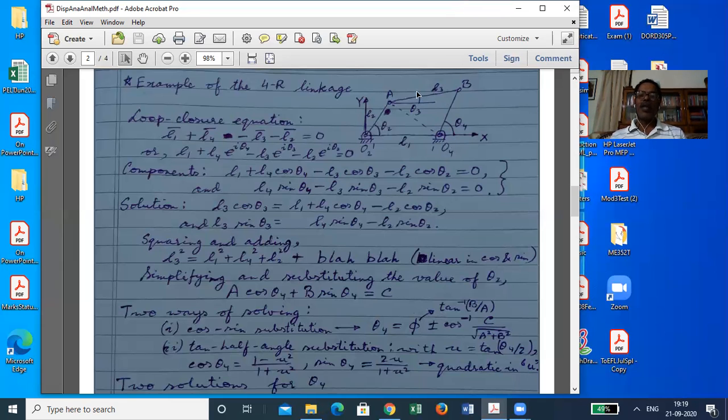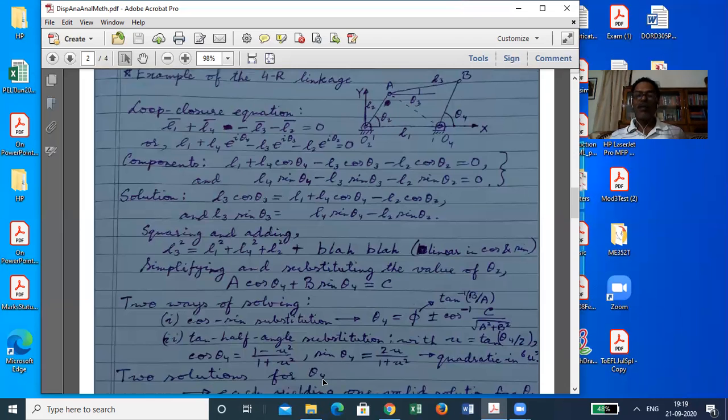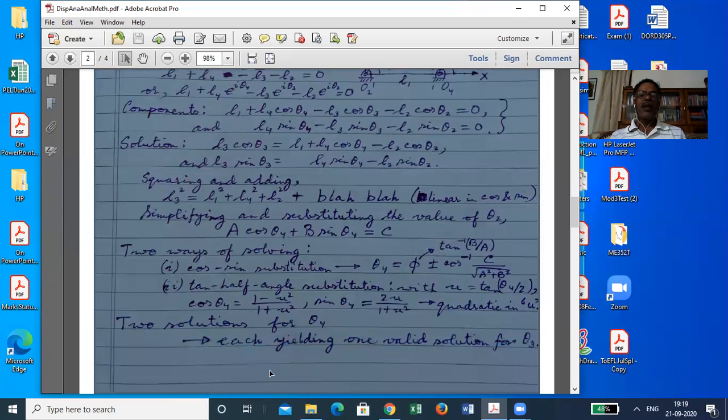Correspondingly, theta 3 will be different. In this case, theta 3 is this. In that case, theta 3 would be something like this. So you would get two solutions for theta 4, and make note that if you want the theta 3 value also, then for each solution of theta 4, you should get a single solution for theta 3.